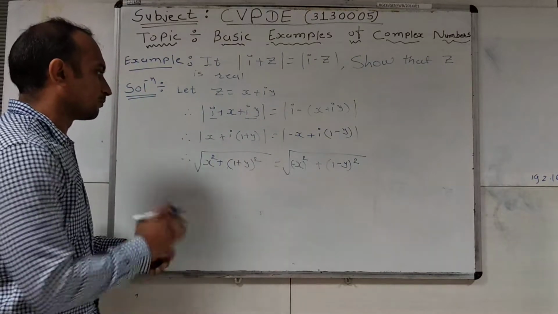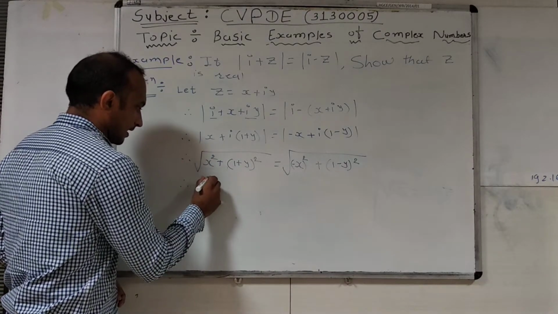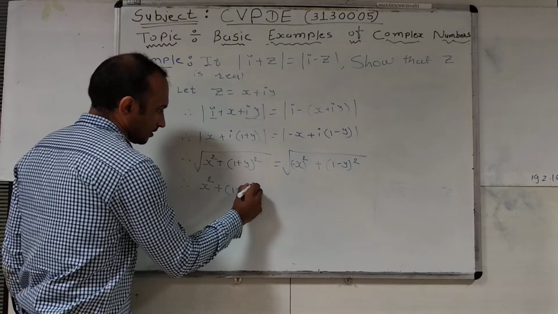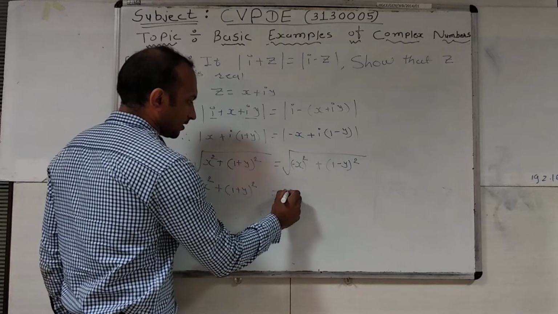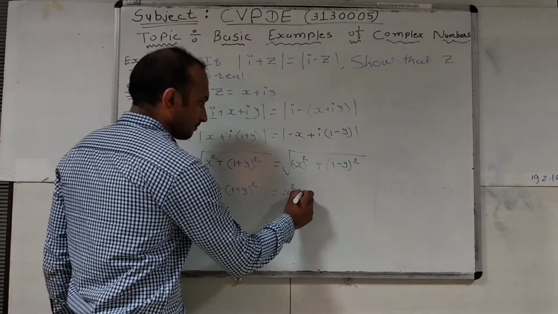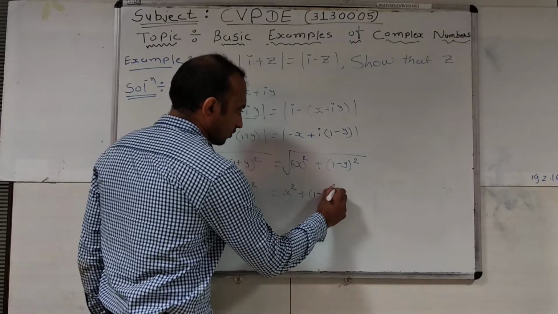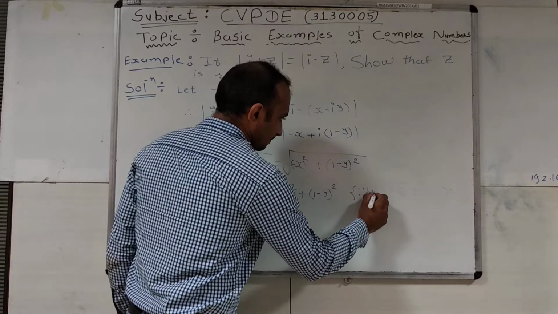Now taking both sides square, we get x square plus 1 plus y whole square equals x square plus 1 minus y whole square.